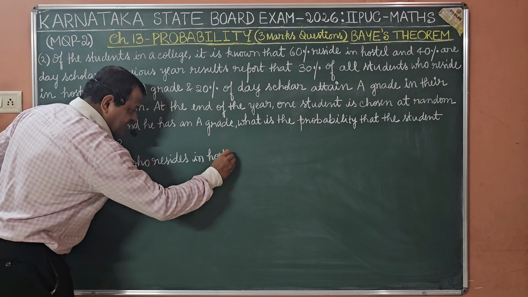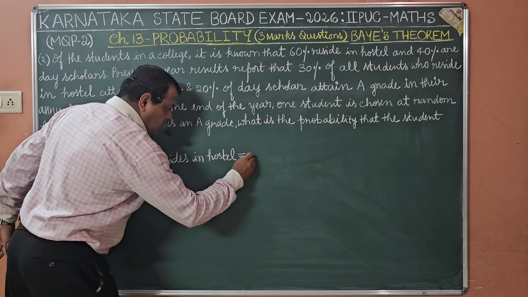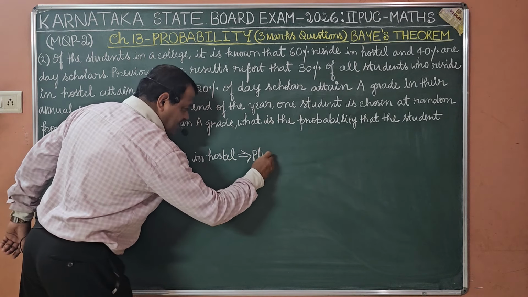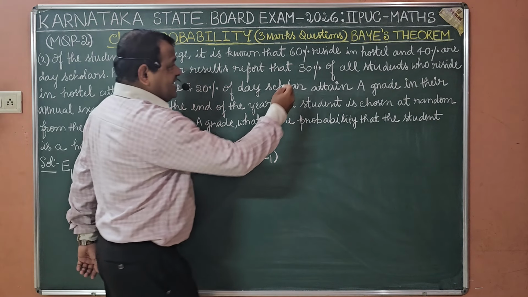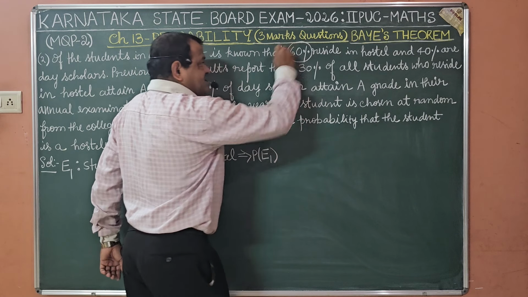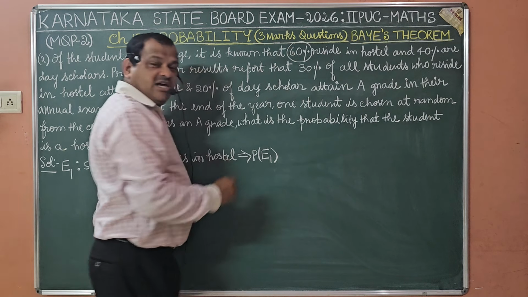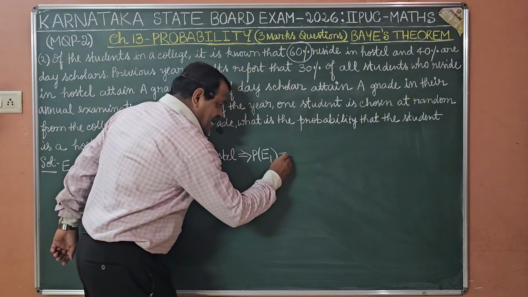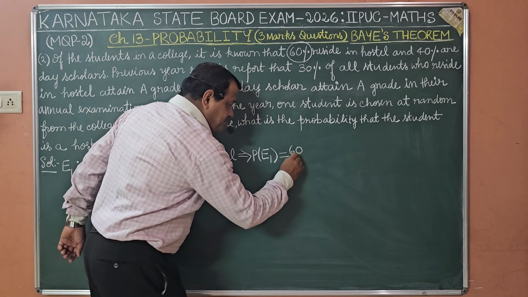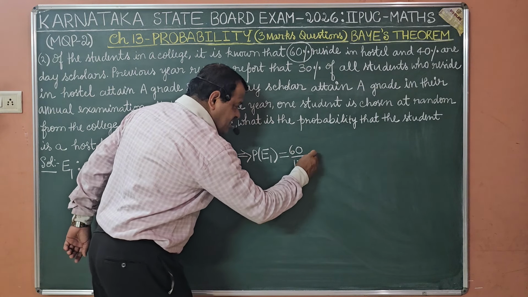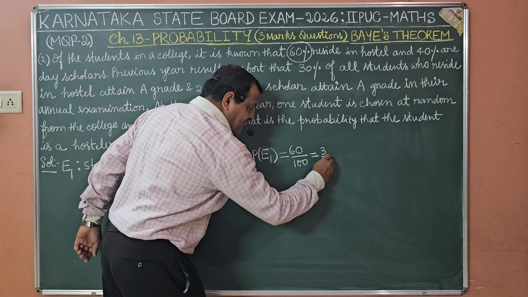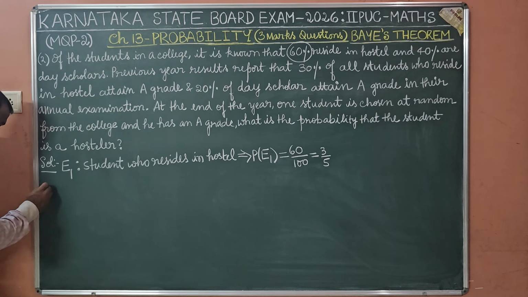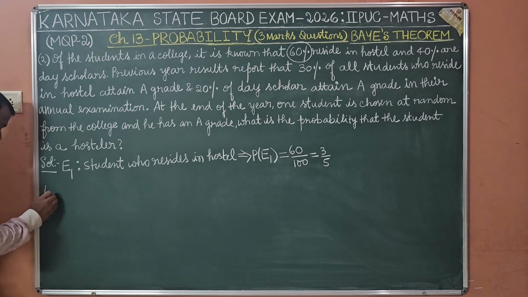Please understand, very easy question. Therefore, what is probability of event E1? See, how many reside in hostel? See, 60%. Therefore, we do not write P of E1 as 60. We should write it as 60 by 100. Which is 20 goes 3 times, 20 goes in 100 5 times. So 3 by 5.